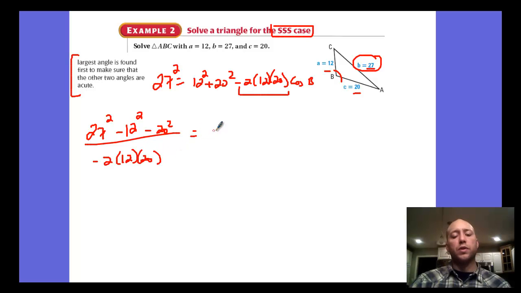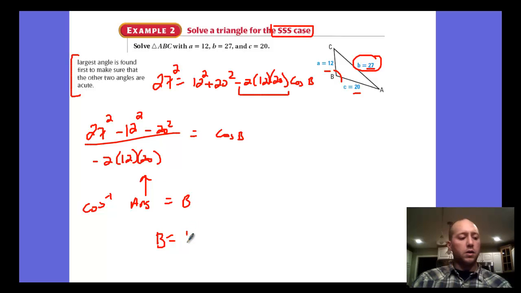And that's going to equal the cosine of B. Then we want to find the inverse cosine of this mess. We do the inverse cosine of the answer we get from all of that, and that'll be the angle B. We find that B is 112.67 degrees.